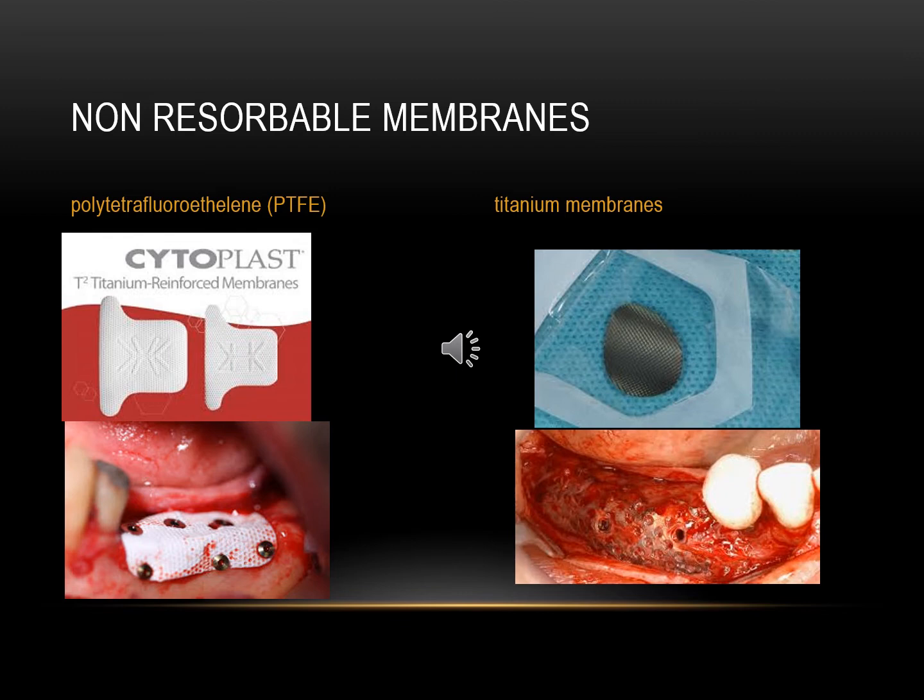We can fix the membrane using small tacks to make more stabilization of the bone graft during the healing period. The other picture shows the titanium membrane and the clinical application of the titanium membrane after bone formation.